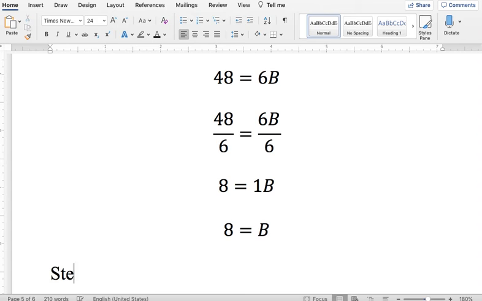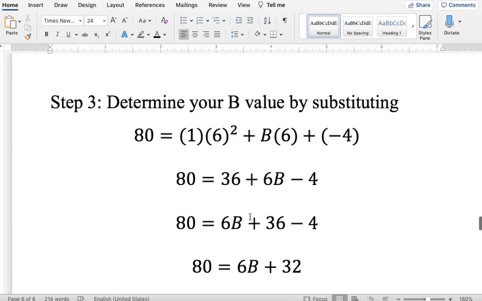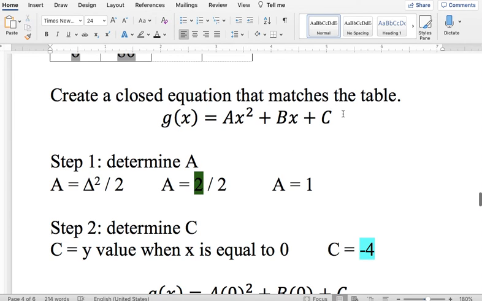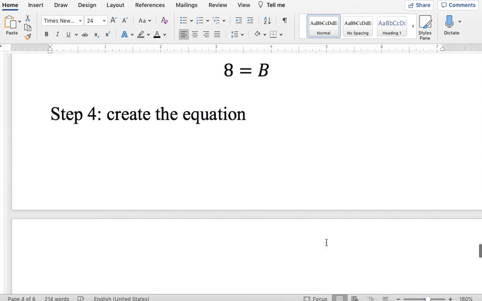There we go. So now we have our a, b, and c. So just create the quadratic equation, or create the equation. And my a will be 1, c will be negative 4.